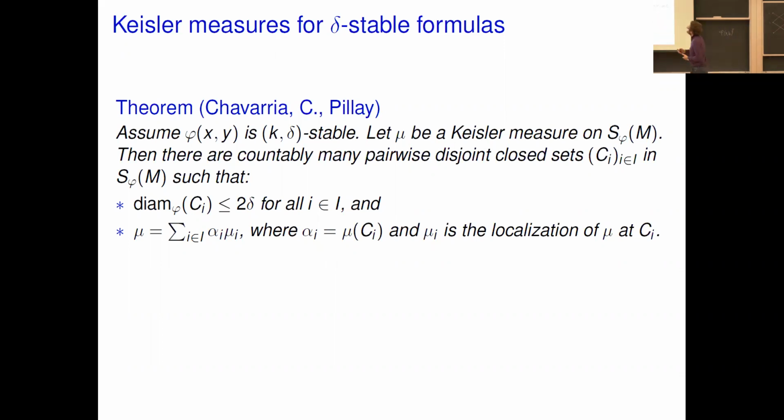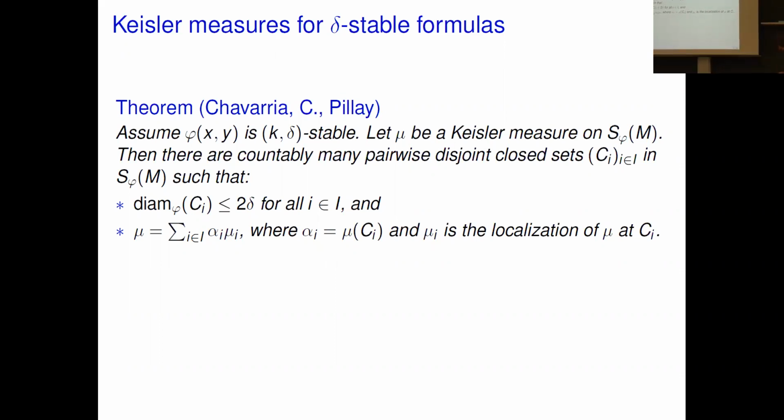So there are countably many pairwise disjoint closed sets, C_i, in the type space, such that the diameter with respect to that metric is at most 2 delta. And the measure is then a weighted sum, the sum of alpha_i times mu_i, where alpha_i is the measure of this little closed set C_i, and mu_i is just a localization of the measure on C_i.